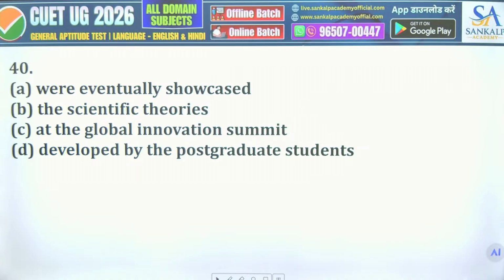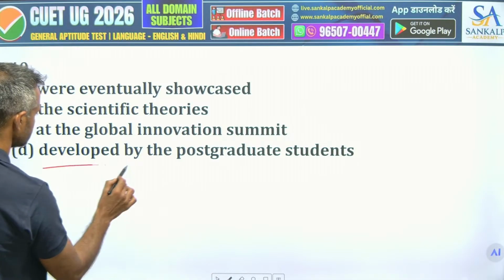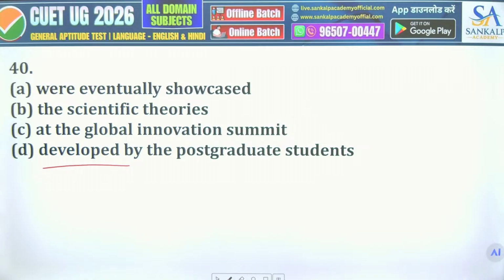The scientific theories at the Global Innovation Summit developed by the postgraduate students were eventually showcased. Here our ed clause is there, and what can be developed? Of course, the scientific theories. So the scientific theories developed by the postgraduate students were eventually showcased at the Global Innovation Summit. See how easy arrangement becomes when you find some connectors, right?